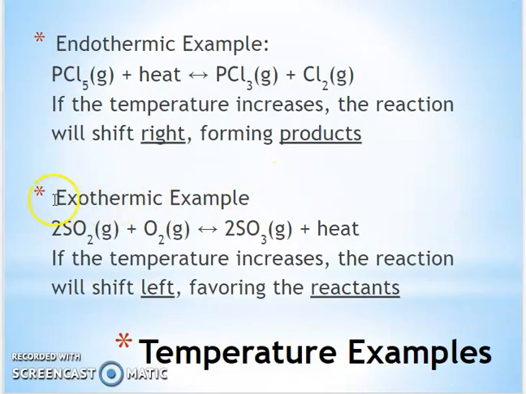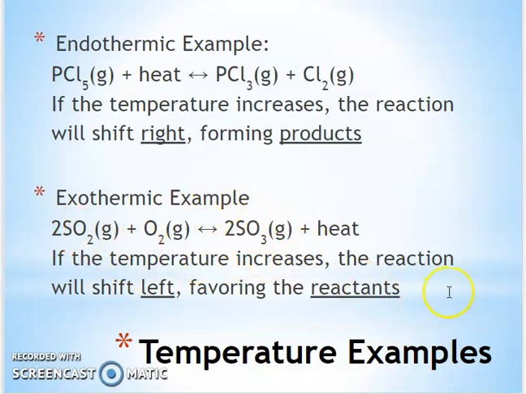The exothermic example I have for you is SO2 plus oxygen forming SO3 and heat, because this forward reaction is an exothermic reaction, releasing heat because you have bonds forming between this oxygen and the SO2 to form this compound right here.